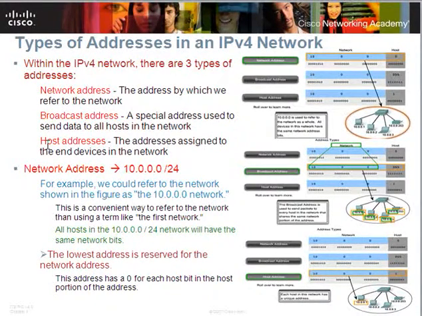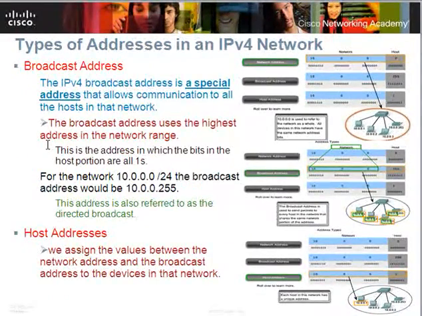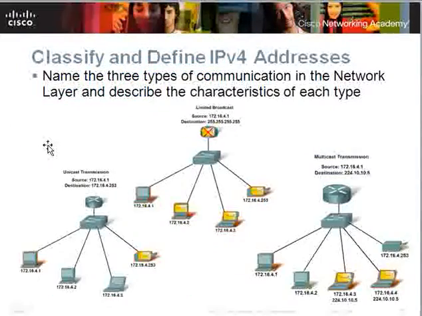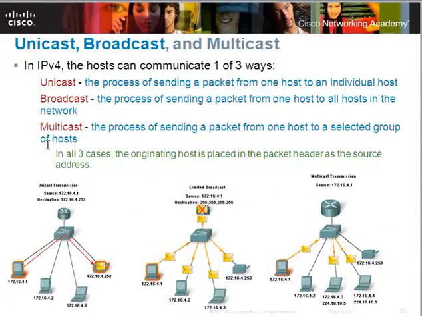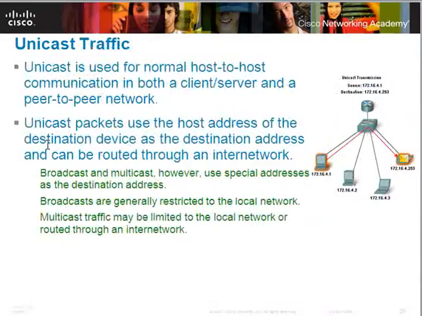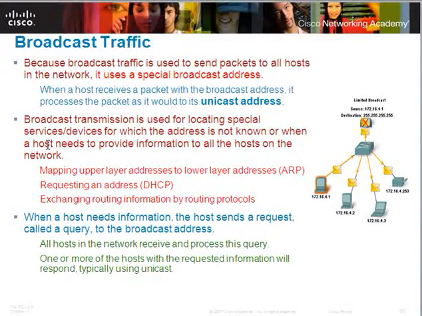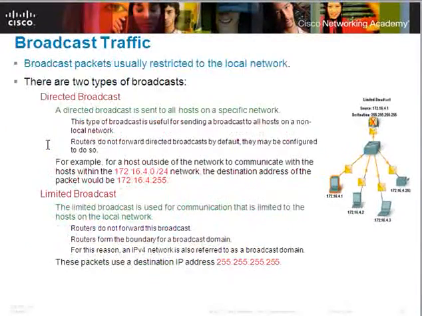We'll now discuss classless notation, and also what the network address and broadcast address are, and then unicasting, multicasting and so on. Before we go to unicasting and broadcasting, we will demonstrate how to calculate the network, host and broadcast addresses for each subnet.